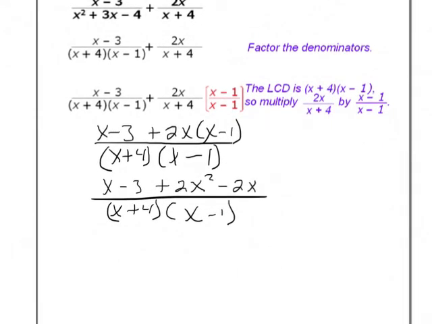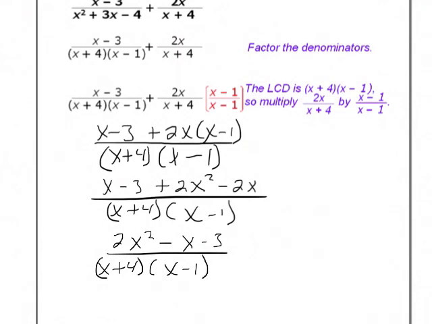Now, from here, let's add like terms. On the top, I'm going to end up with 2x to the second minus x minus 3 all over x plus 4 and x minus 1. Alright, let's go over to the side here and factor this numerator.